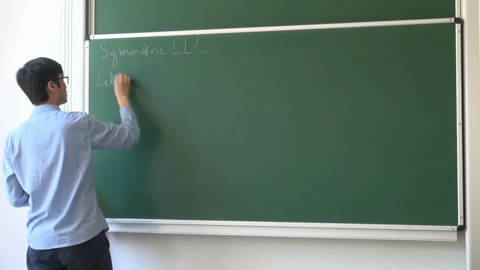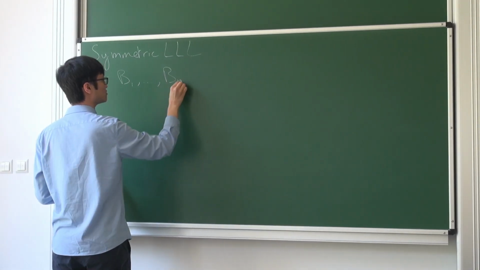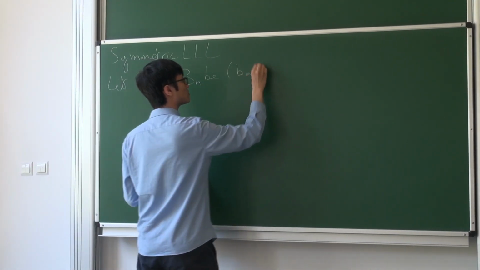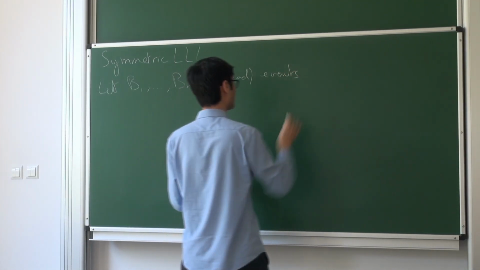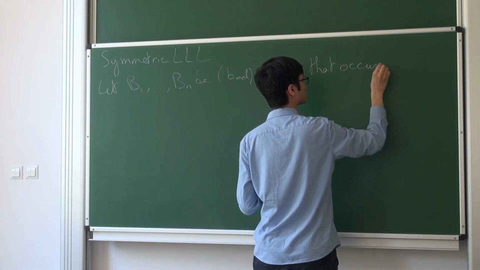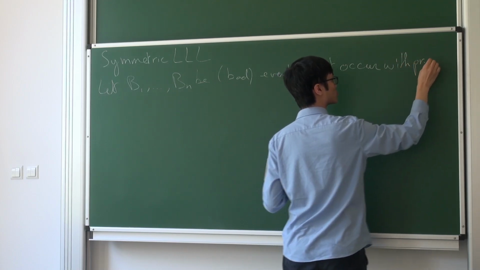You have a set of bad events, or whatever bad means. And they all occur with probability, let's say, at most p.